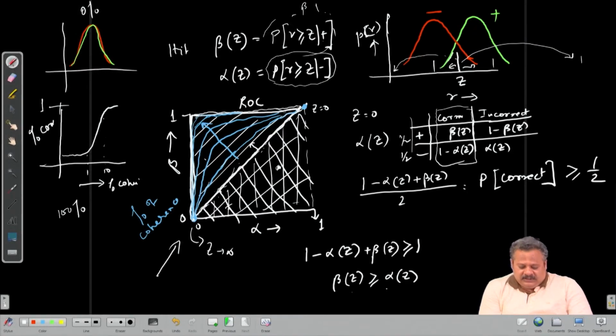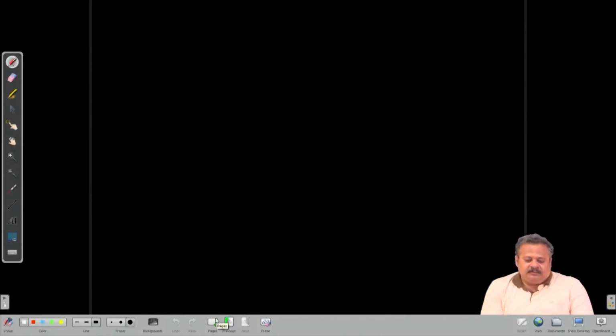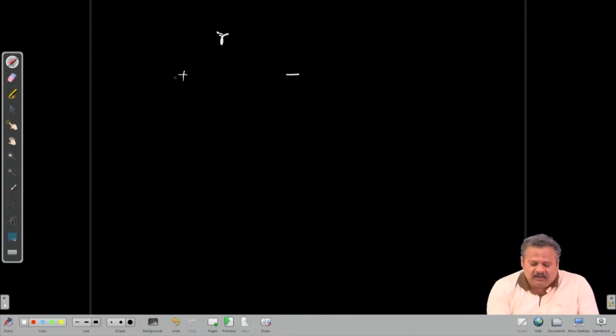So let us go on here and now consider this idea that we are observing the rate in response to a plus stimulus and a minus stimulus, and let us, without loss of generality, assume that the first stimulus is plus, the second stimulus is minus. So this is R1 and this is R2.